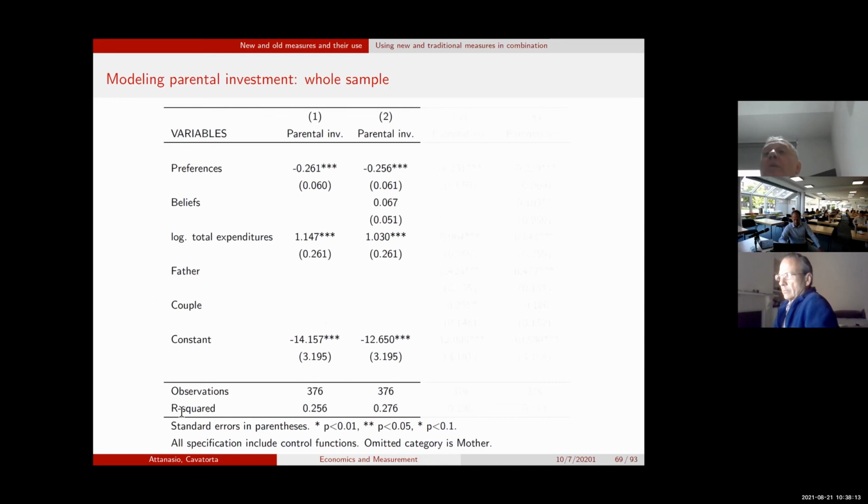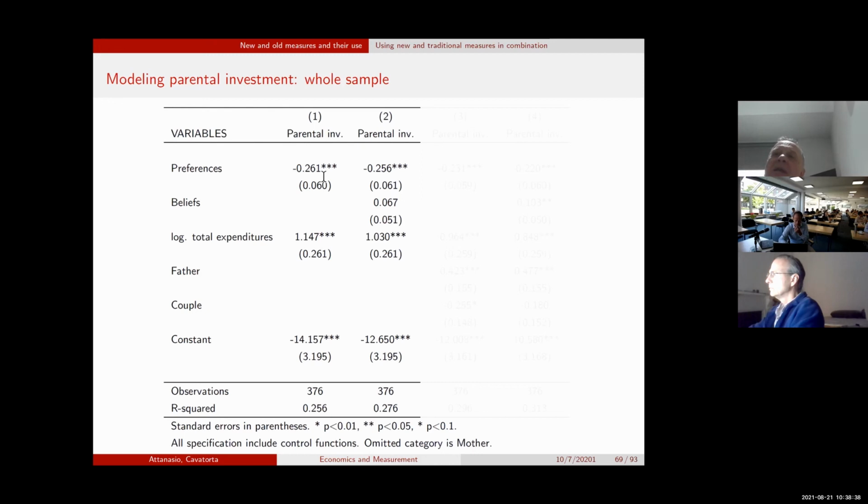So if we ignore who answered the questions, in the entire sample of 376 observations, we get the factor on preferences for things other than child outcomes. So we expect a negative sign, and it's there, and it's strongly significant, which tells me that these data are actually useful.